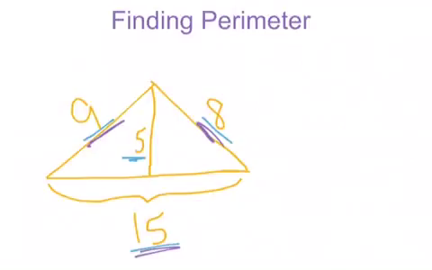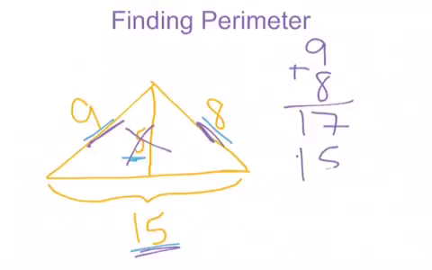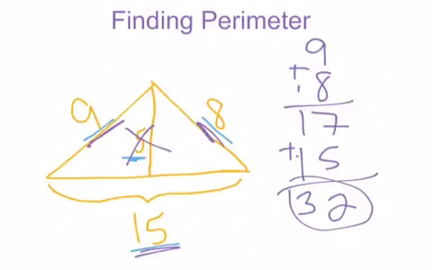For this problem, to find perimeter, we're not even going to use that 5 right now. We're going to look at the 9, the 8, and the 15. We'll add them up just like we did our previous problems. 15, 12, carry the 1 is 32. So the perimeter for this triangle would be 32.